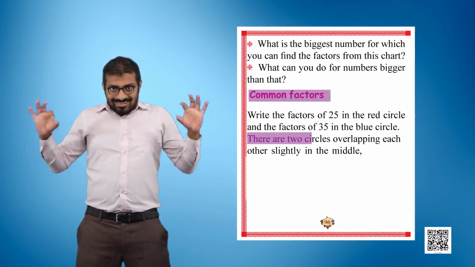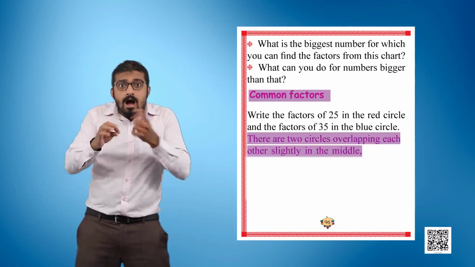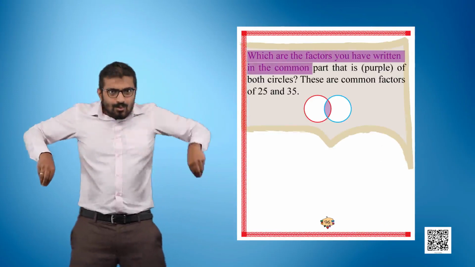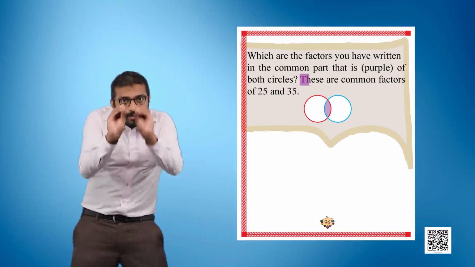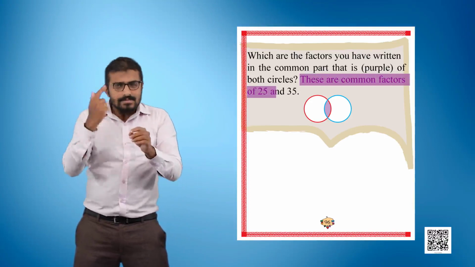There are two circles overlapping each other slightly in the middle. Which are the factors you have written in the common part, that is, purple, of both circles? These are common factors of 25 and 35.